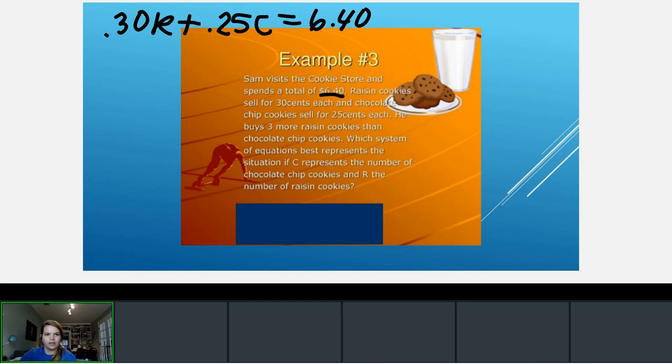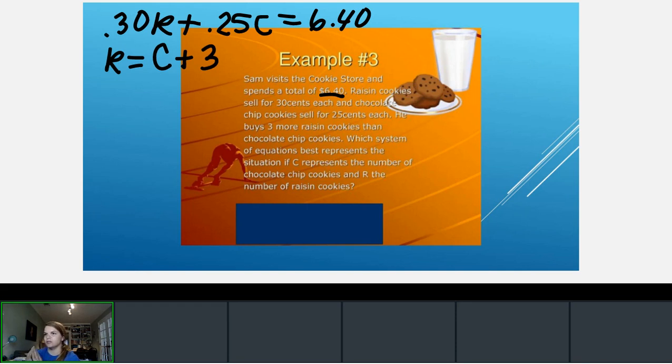Okay, there we go. All right, so if he buys 1 chocolate chip cookie, the number of raisin cookies is going to be the same as chocolate chip plus 3.